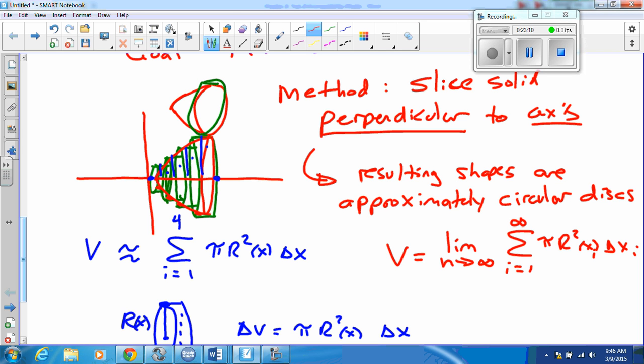Previously, our Riemann sums were f of ci times delta xi. Here, instead of height, I'm adding up pi r squared. And so what I'm adding up, and what I'm integrating, is not f of x, or f of x minus g of x, but instead it is going to be pi r squared. So that this entire expression is the integral from a to b of pi times r squared dx, just like that.